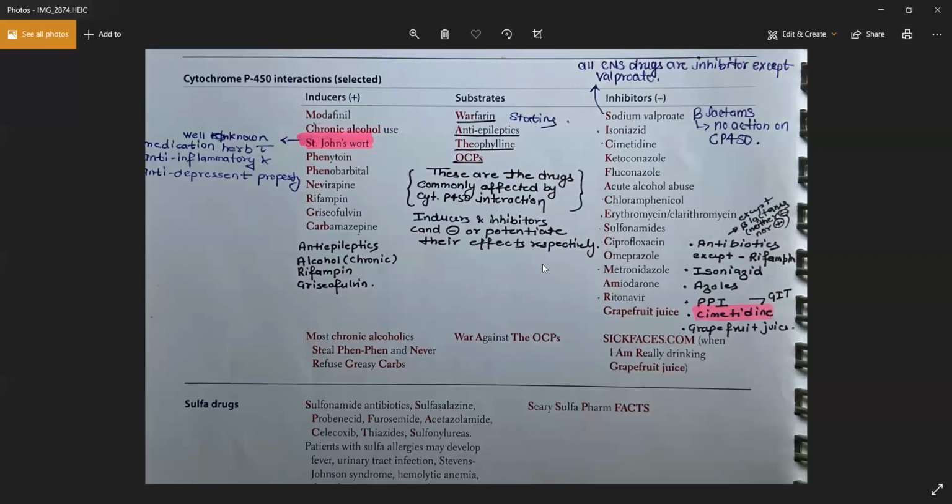It should be inducers. Okay. So all the CNS drugs are inducers except sodium valproate, which is an inhibitor. Now is it okay? Yes. Thank you so much for correcting me. Okay, any other doubt?